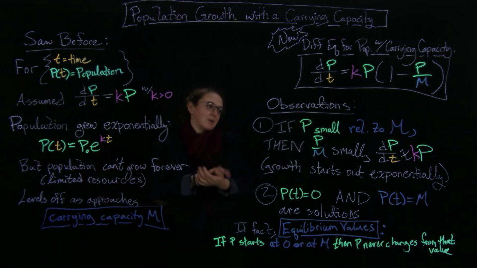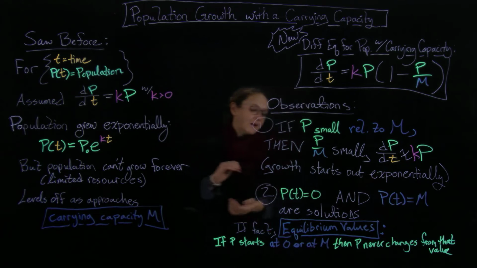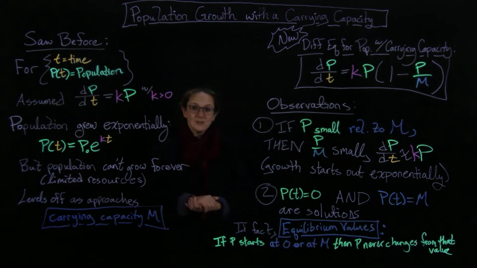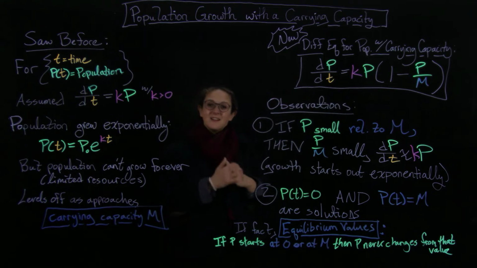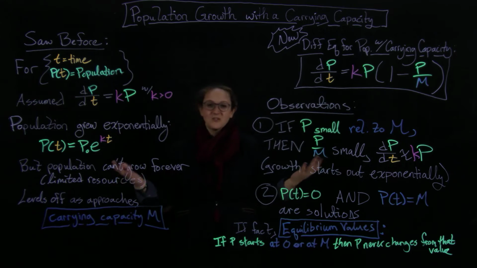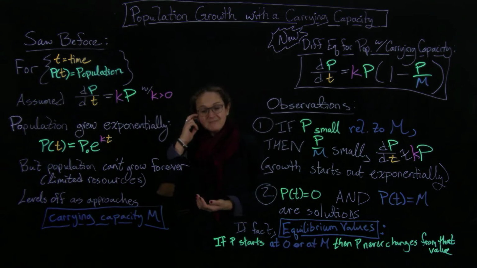You'd never have any population. At the same time, interestingly enough, if I start at the equilibrium value, I'm never going to move from there. It's a solution, it satisfies this, but then you don't move from there. So you will actually keep that population once you hit that.